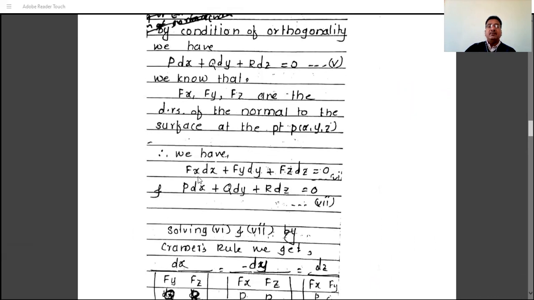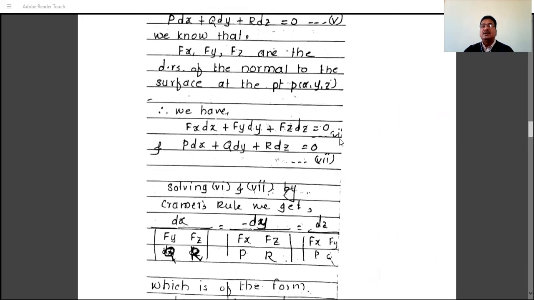And therefore we have fx dx plus fy dy plus fz dz is equal to 0 by using the condition of perpendicularity, orthogonality. And P dx plus Q dy plus R dz is equal to 0. This is equation number 5. Suppose now this is equation number 6 and this is equation number 7.